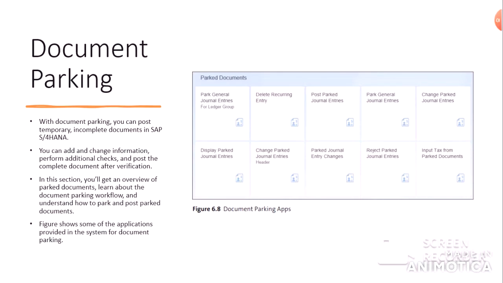So if we see here in the screenshot, the apps are like Park general journal entries for ledger groups, delete recurring entry, post parked journal entries, park general journal entries, change parked journal entries, display parked journal entries, change parked general entries only header, parked journal entry changes, rejected parked journal entries, input tags from parked documents.